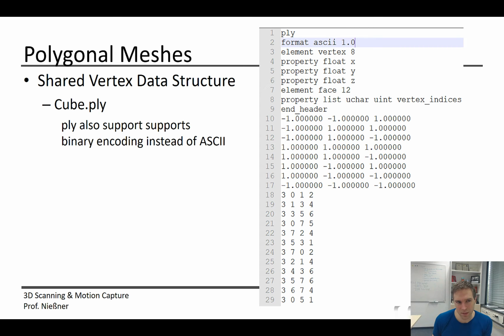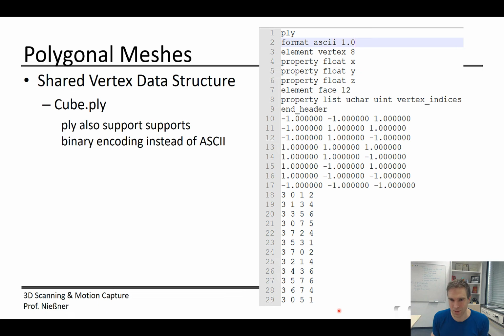PLY files are a little bit more powerful in a sense that they can also be encoded as binary. The header can say that instead of using a property list as uchars, you could define this as a binary encoding as well. You wouldn't be able to read it as a human anymore, but you can significantly save some storage.